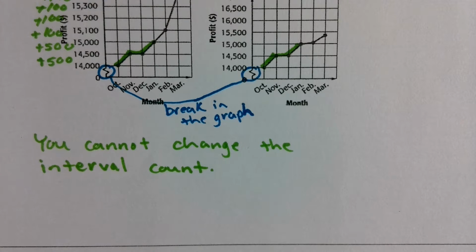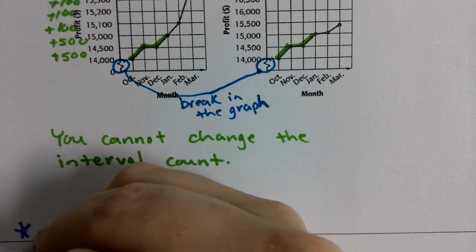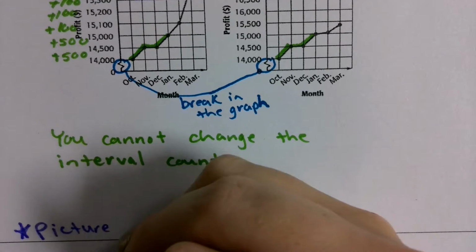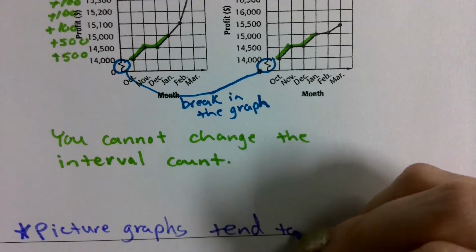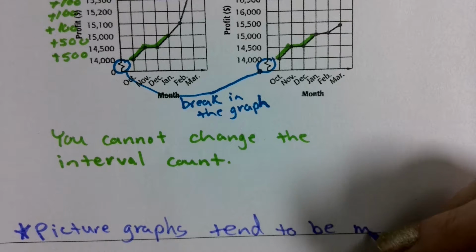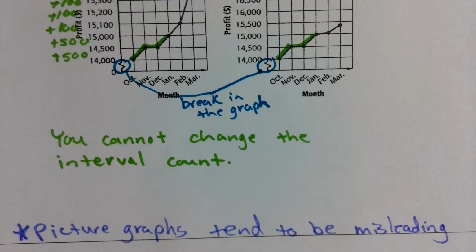All right, so large interval counts are considered to be misleading, and changing your interval count is considered misleading. You also need to be very, very careful about picture graphs. So let me write that down at the bottom. Picture graphs tend to be misleading, because people focus on the size of their pictures instead of the actual value that the picture is worth.